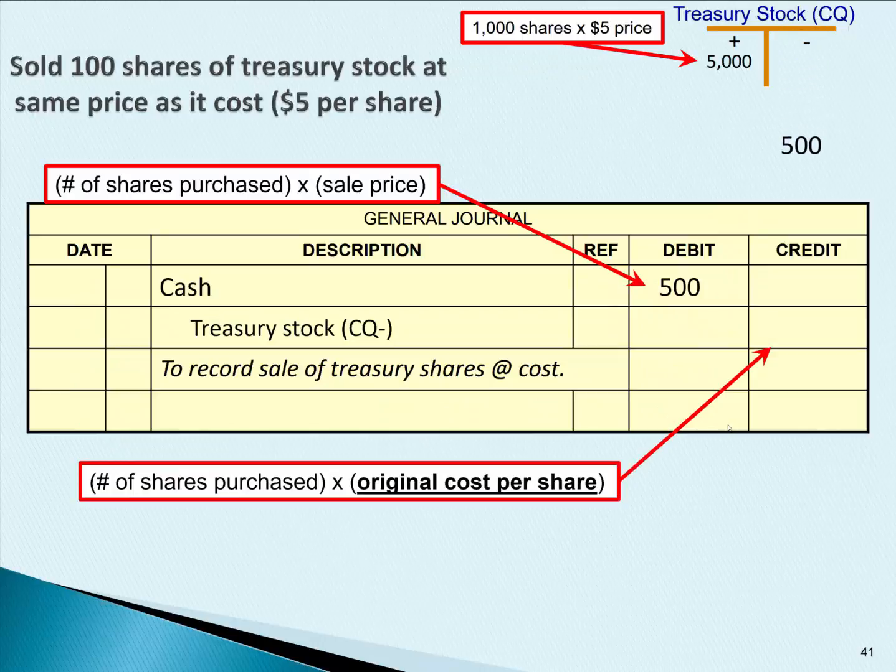Now remember, treasury stock is always recorded at cost. So this has to be the cost per share, $5 per share. That was simple enough. And then we're going to update our T account. $500 is going down in the treasury stock account.